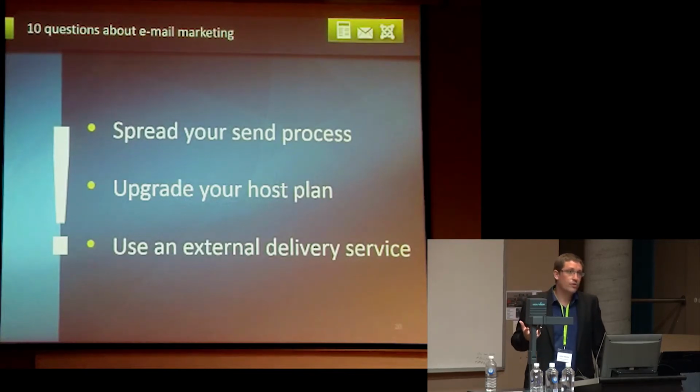And the third answer is to use an external delivery service. It's something people don't really know, that you can have an integrated Joomla solution and just plug it to smtp.com, Elastic Email. There are plenty of delivery services out there, so you don't use your own host to deliver emails.